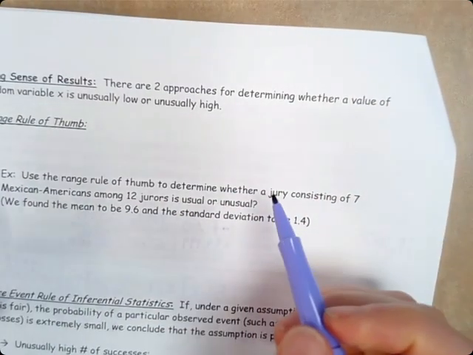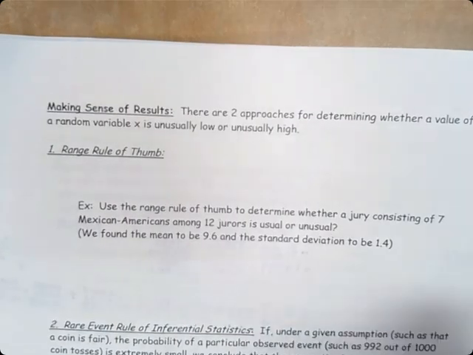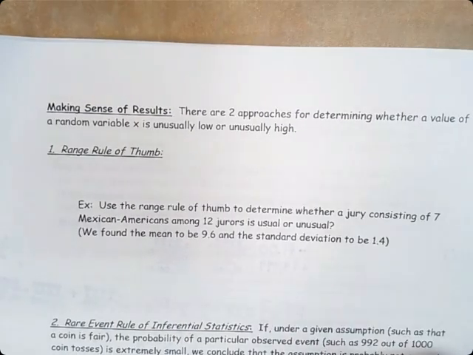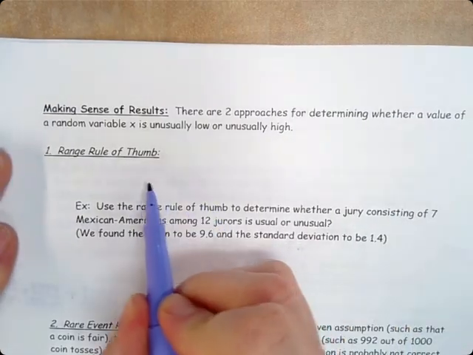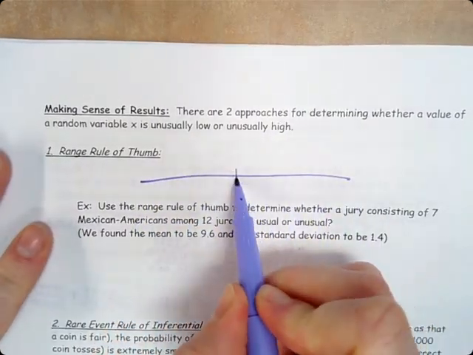Let's continue on. Making sense of results. There are 2 approaches for determining whether a value of a random variable X is unusually low or unusually high. We have the range rule of thumb, which we've talked about in the past, but it's been a while.